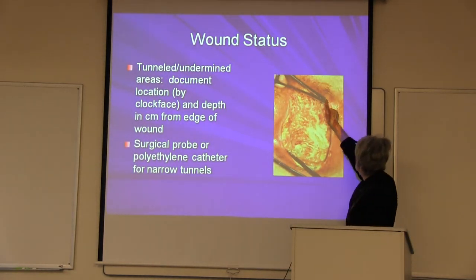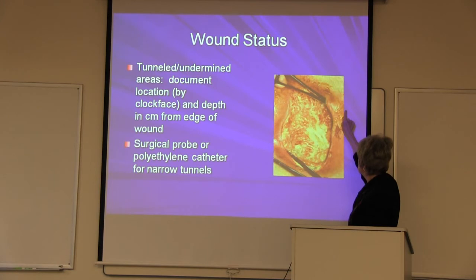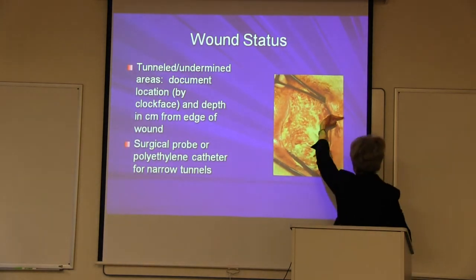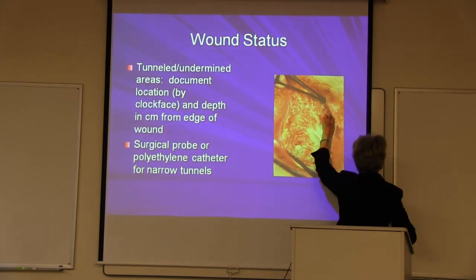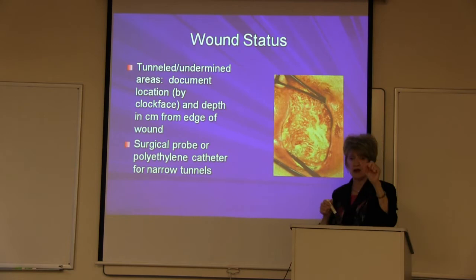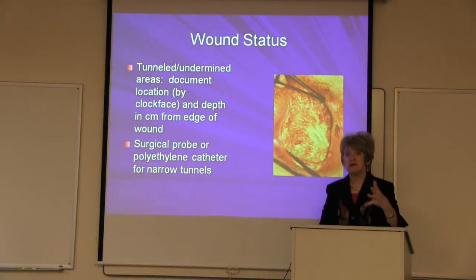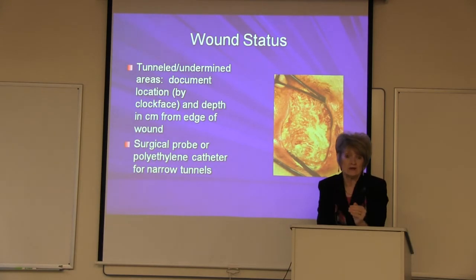And then I'd have to use my little probe or cotton-tipped applicator and see how far from the wound edge that undermined area extended. So I would put my little probe in until it came to the end of the undermined area. I would grasp it at wound edge and hold it against my measuring device. Many times, the extent to which you have undermining varies.